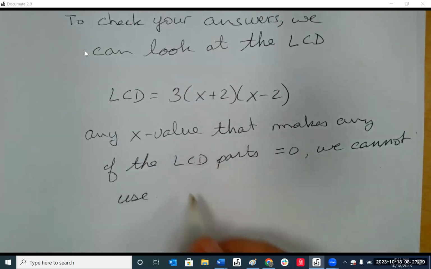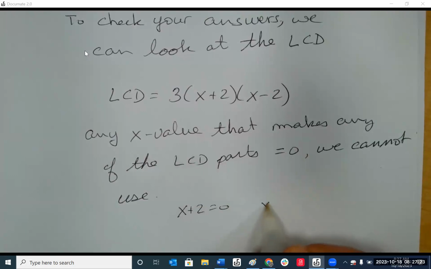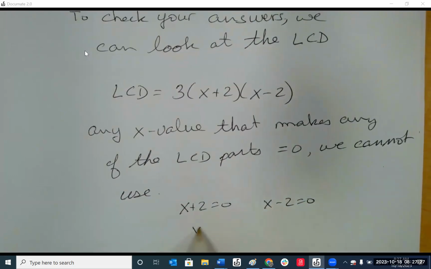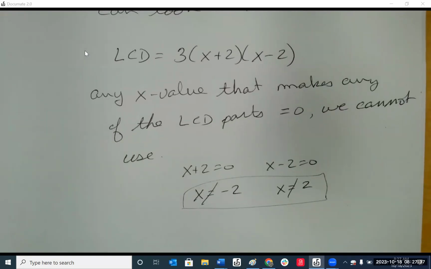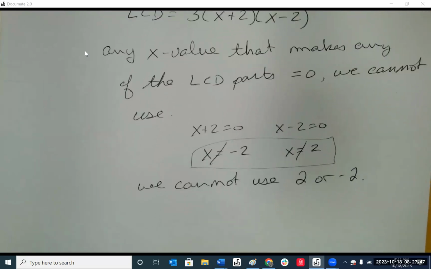So we set x plus 2 equals 0, x minus 2 equals 0. These are the two x's that we cannot use: 2 or negative 2.